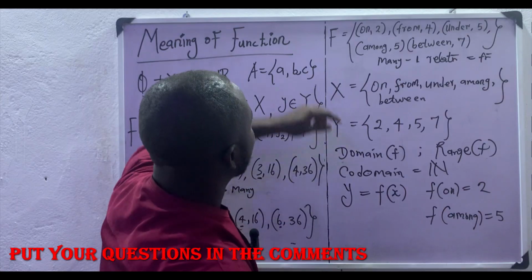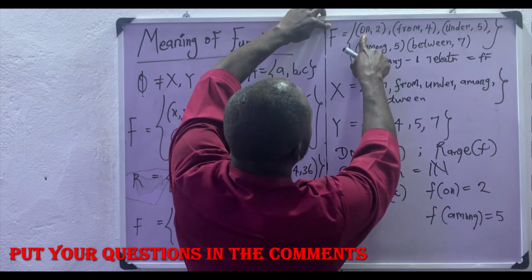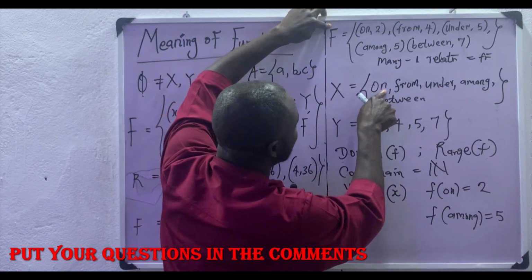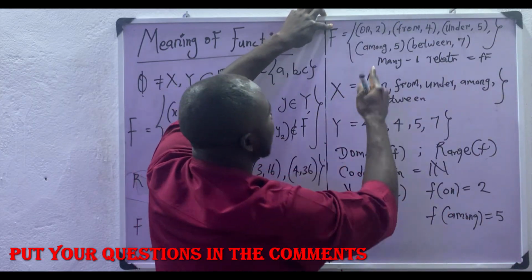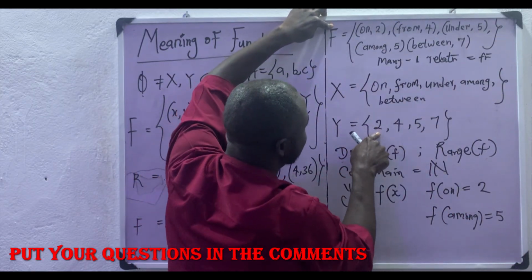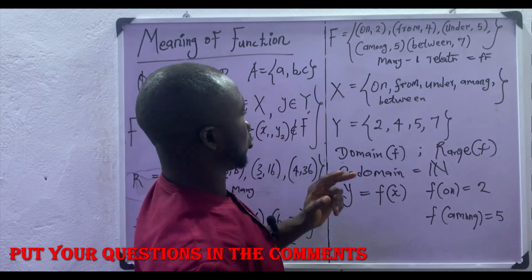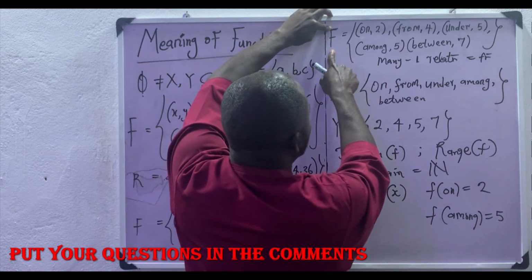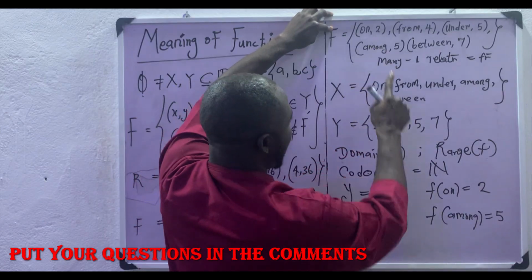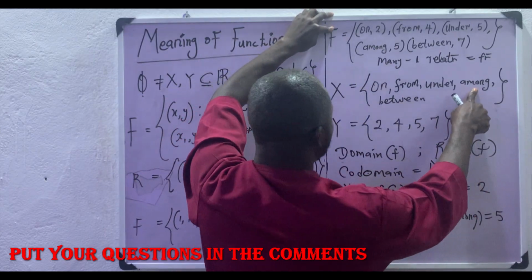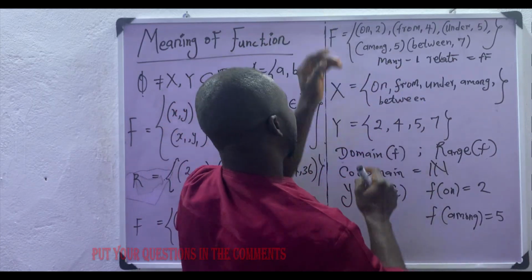That is to say that this function f will pick this word on, which happens to be in its domain, and then assign it or map it to this number 2 that is in its range, and that is where we get (on, 2). This same function f maps or assigns this word among that happens to be in its domain to this number 5 that happens to be in its range.